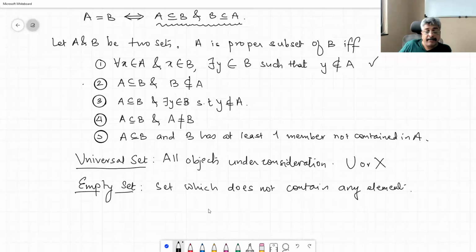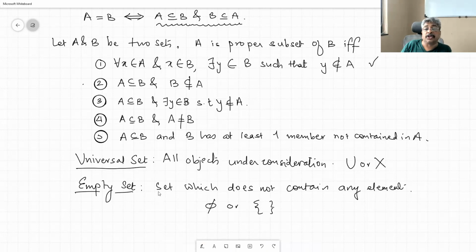Normally denoted by letter phi or two curly brackets without anything in between. This is the notation.